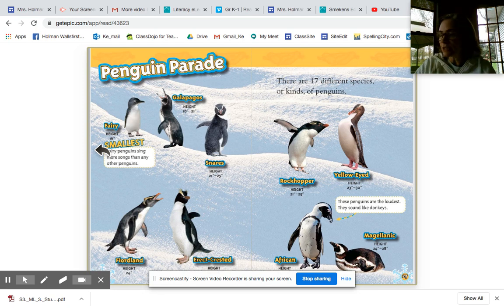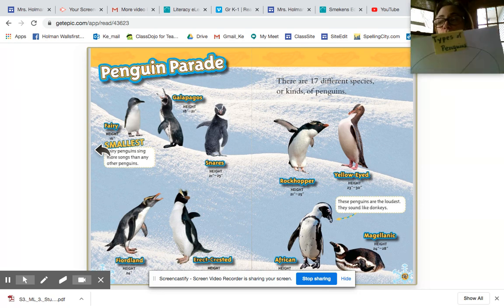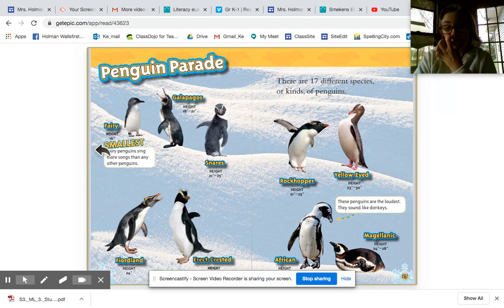So, boys and girls, retelling nonfiction is a little bit different. But if you use an oval like this, also called a graphic organizer, it helps you to organize your thoughts. So today, your job is to pick a nonfiction book.